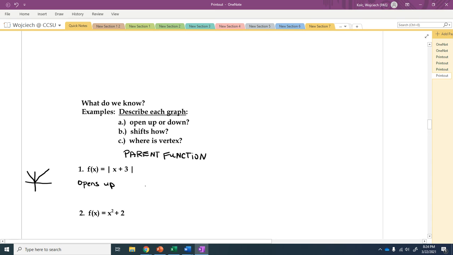So this means 3 left. Okay, I'm moving left 3 units. Now, do I move up or down? I really do not, because it's plus 0. Okay, so this is your k. So we don't go up or down. So my new vertex will be -3, 0.